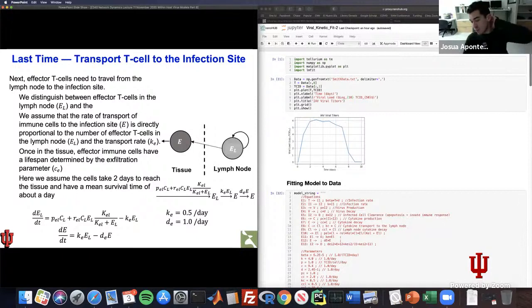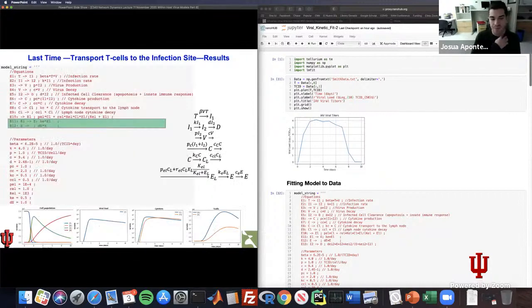Some effector cells can actually get infected and die. But in general, we wanted to model the fact that these cells have a limited time where they are effective at targeting and killing infected cells. So that survival time allows us to represent that limitation in the effectiveness of the cells once they've arrived in the tissue.